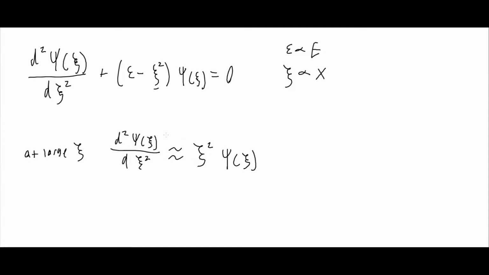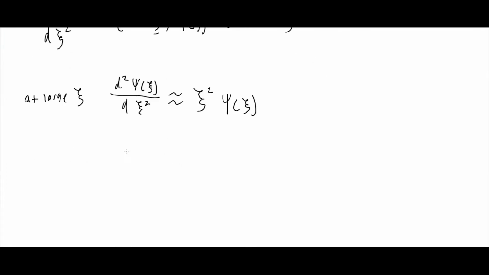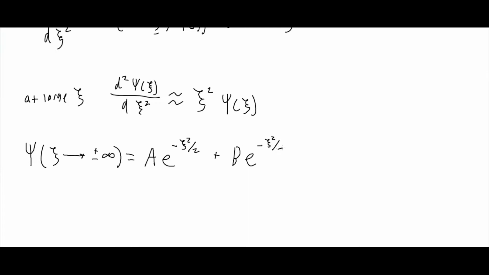And so a solution to an equation that looks like this will end up being, so we can say that the solution for psi as xi goes to plus or minus infinity is equal to some constant multiplied by e to the minus xi squared over 2 plus some constant times e to the plus xi squared over 2.